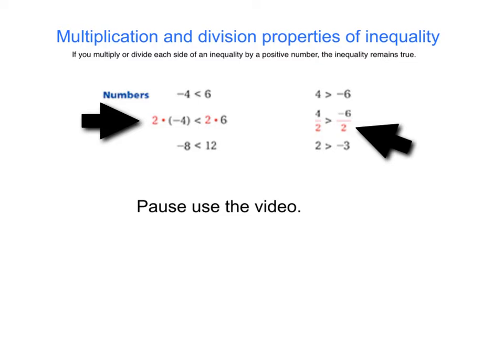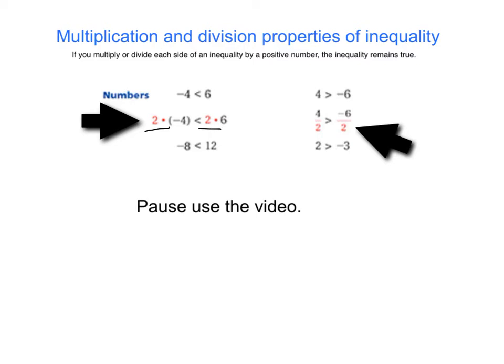We can see that if we have negative 4 is less than 6, if you multiply by positive 2, you're left with negative 8 is less than 12. That statement is true.